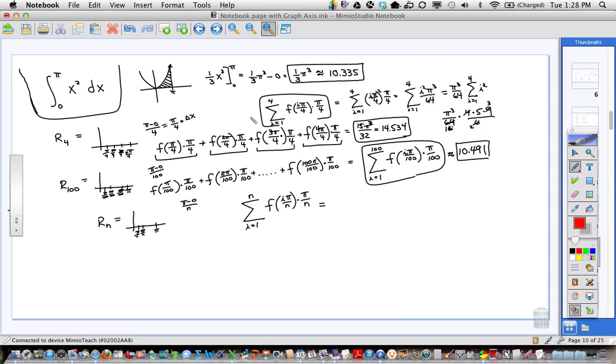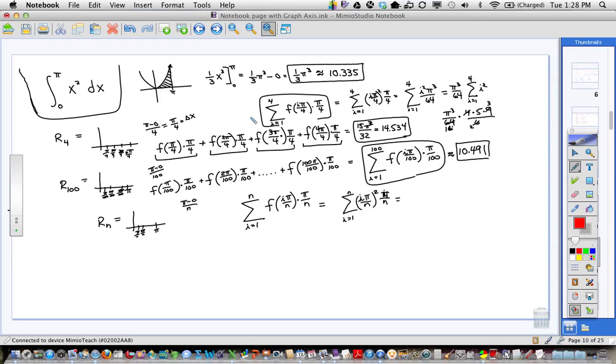I'm going to take this out of f notation and plug i pi over n into the function x squared. So it'll be i pi over n all squared times pi over n, and i is still going from 1 to n.